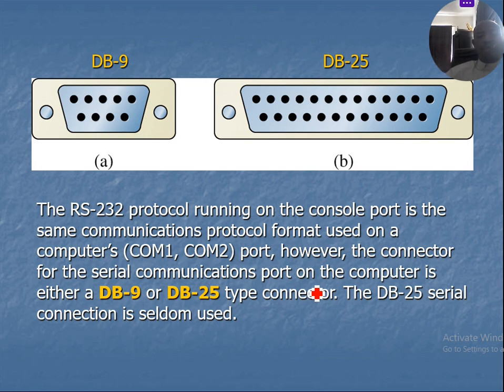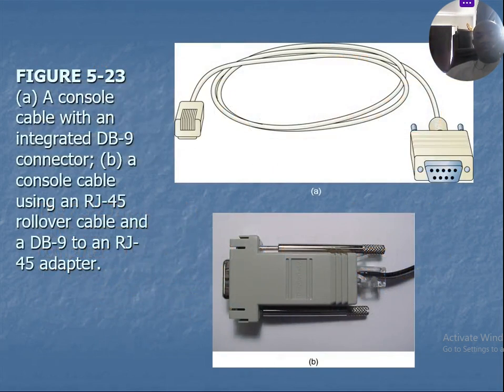However, the connector for the serial communication ports on the computer is usually a DB9 or a DB25. We're going to describe how we can convert these two interfaces. The DB25 is the usual one we normally use for this kind of communication connection.